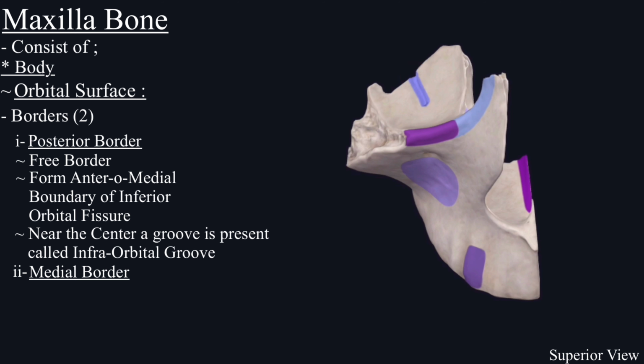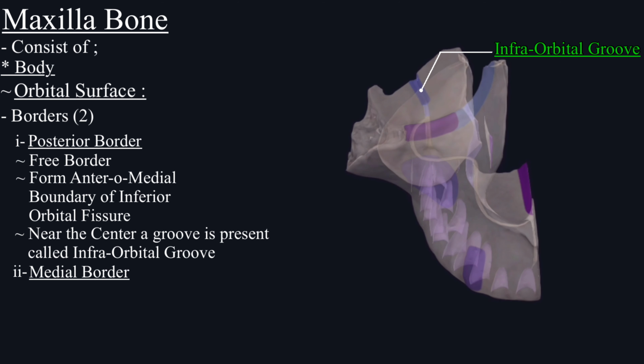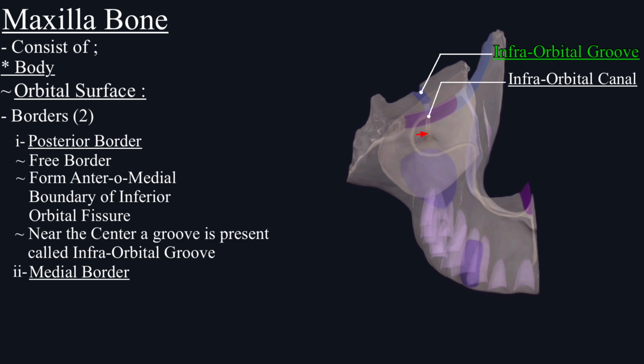Near the center of the posterior border, it forms a groove called the infraorbital groove, which leads to the infraorbital canal. And this infraorbital canal terminates at the infraorbital foramen on the anterior surface.